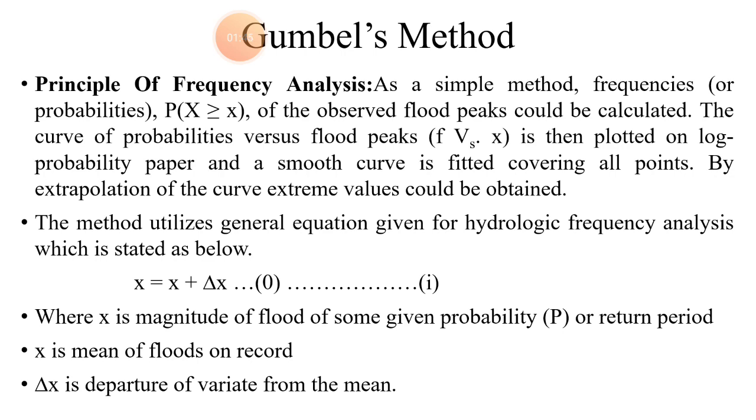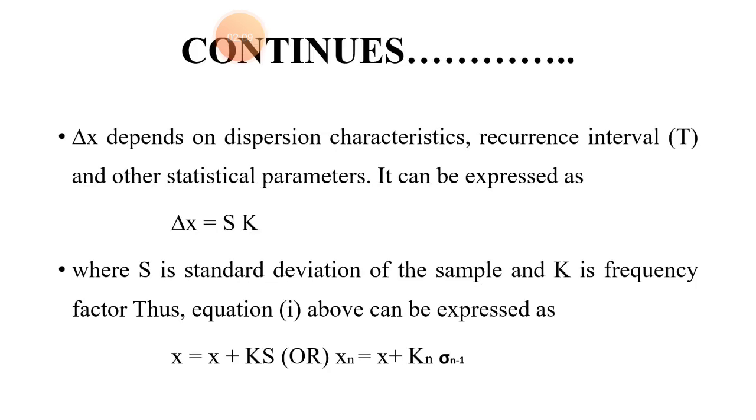In this method, we have a general equation for hydrologic frequency analysis, that is capital X is equal to small x bar plus delta x, where capital X is the magnitude of flood and small x bar is the mean of floods on record. Delta x is the departure of the variate from the mean.